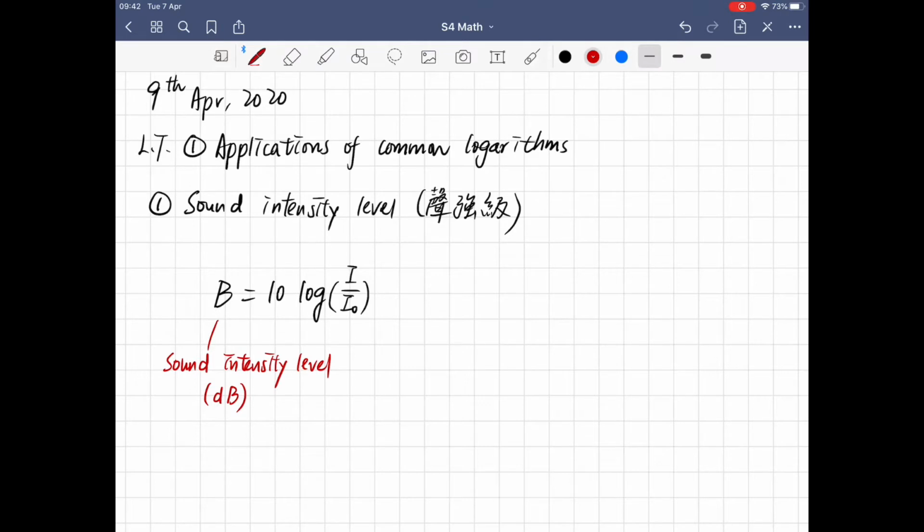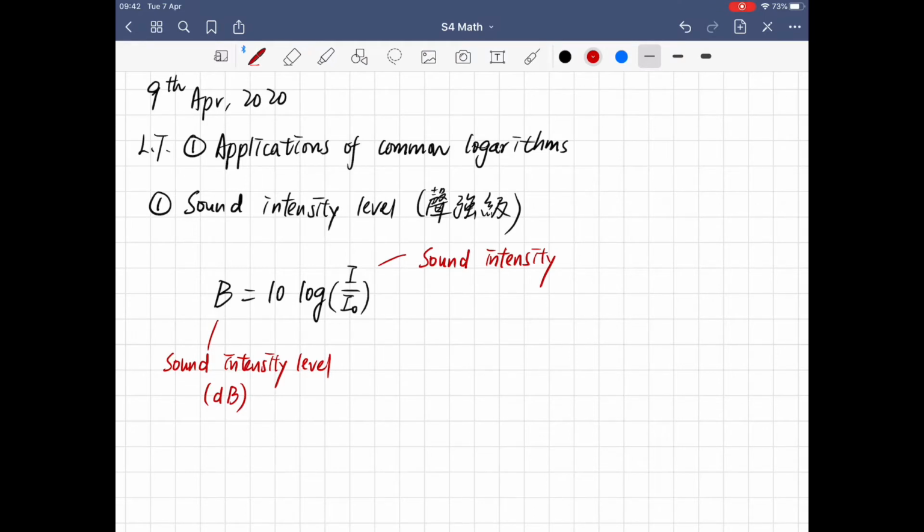And for the I, it is talking about the sound intensity, that is how strong or how large is the sound.